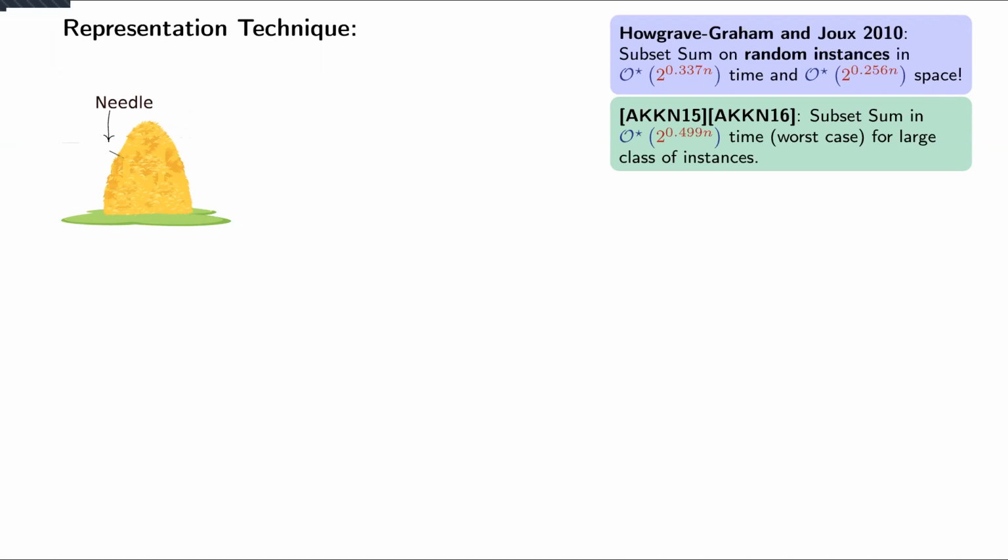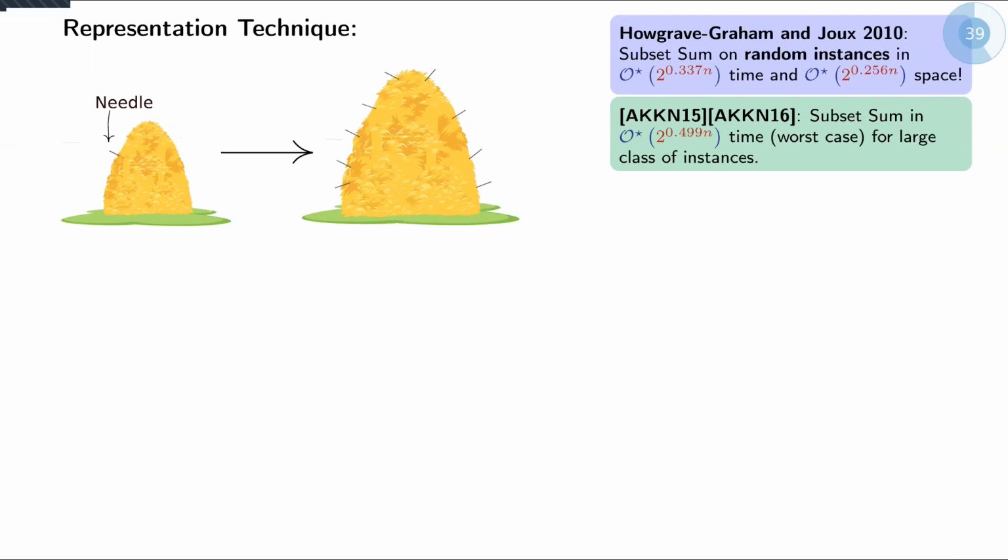What Węgrzycki and Zhu propose is to increase the size of this haystack, in such a way that you also increase the number of solutions to your problem, and then somehow sample these solutions and consider only the smaller space. And we'll explain in the middle what is going on.